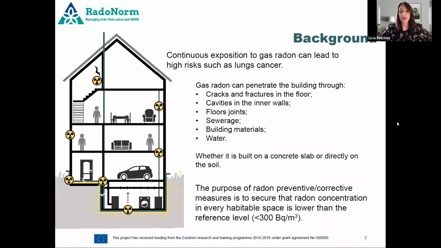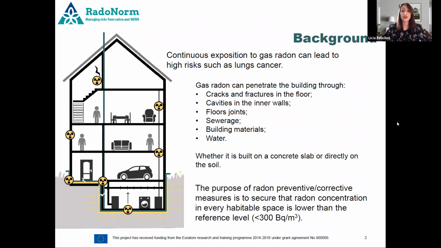So gas radon is the main source of exposure to ionizing radiation for humans. Indeed, a continuous exposure to this gas can lead to high risks such as lung cancers. The gas radon is in the soil and changes soil by soil because it depends on the permeability of the soil or its composition.